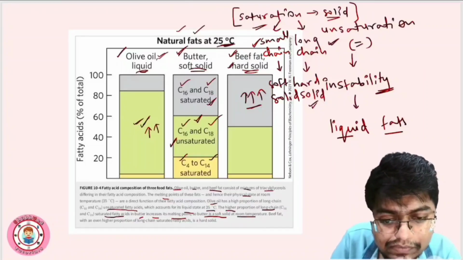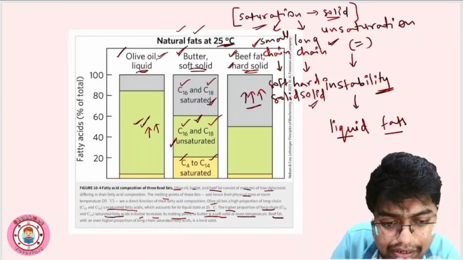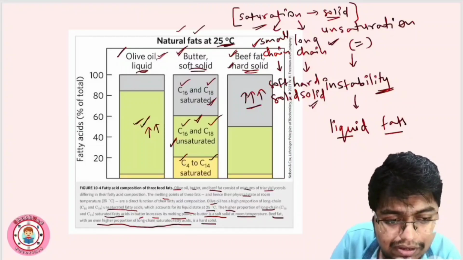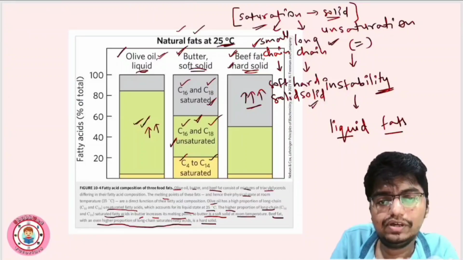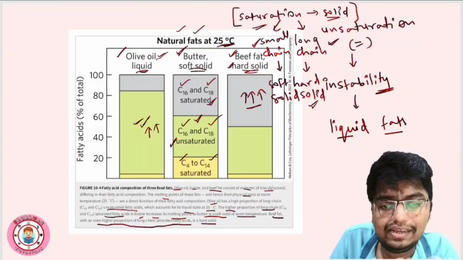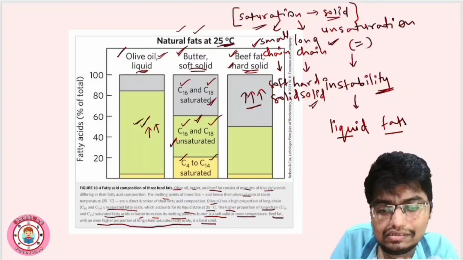Okay, beef fat, which has an even higher proportion of long chain saturated fatty acid, is a hard solid, right? So as the proportion of saturated fatty acid increases, solidity increases as well as melting point increases.